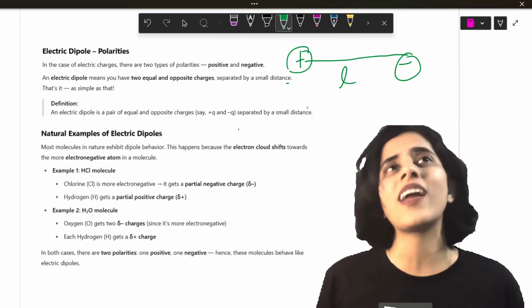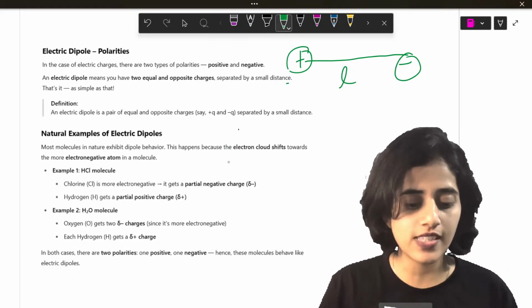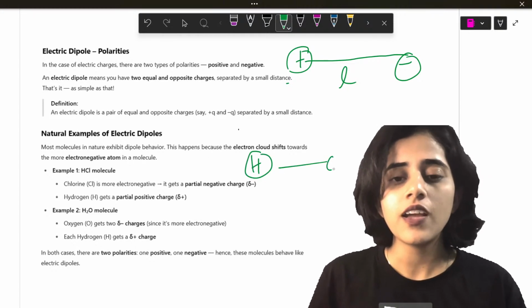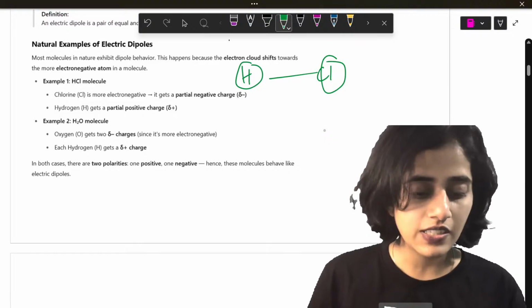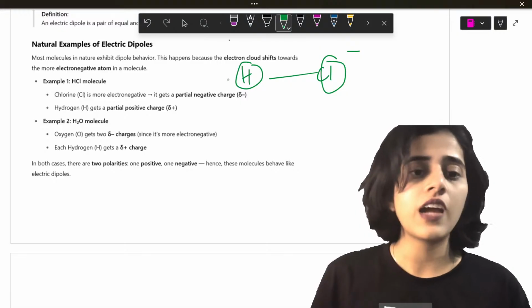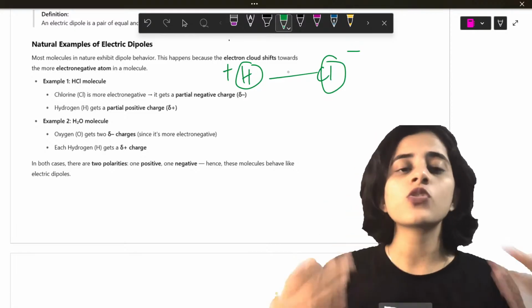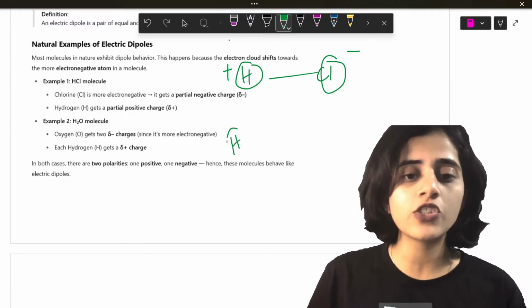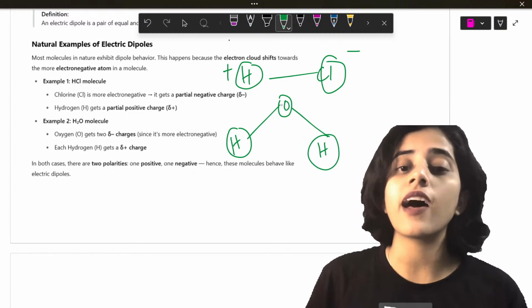Now I can give you some examples of dipoles. You might be thinking, where are these dipoles used? For example, the HCl molecule. You have hydrogen and then you have chlorine. Chlorine is negative, hydrogen is positive, and they form a bond. They are separated by a distance, so this is a dipole. Now, if you look at H2O, you have hydrogen, oxygen, and another hydrogen.